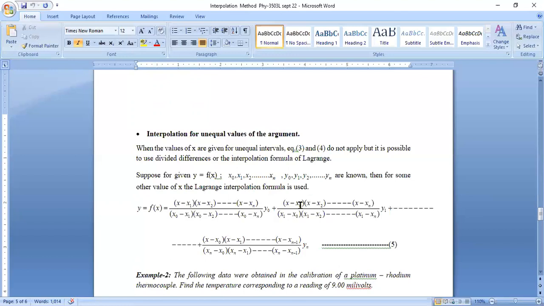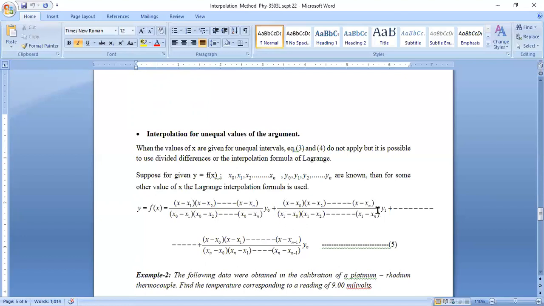The second term, you see, x minus x0, x minus x2, x minus xn, and the denominator is x1 minus x0, x1 minus x2, x1 minus xn, right? So you have y0 plus y1 plus y2 plus y3, and you have to go up to yn. This is the first term y0.